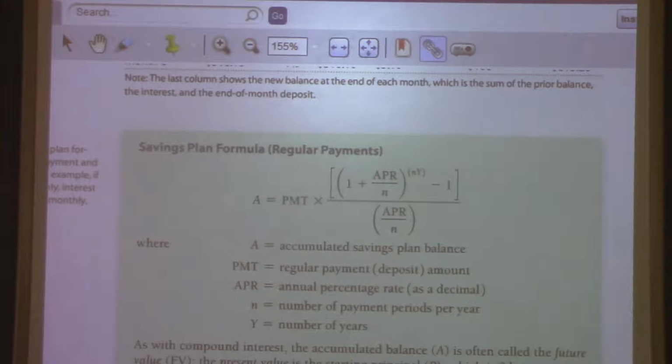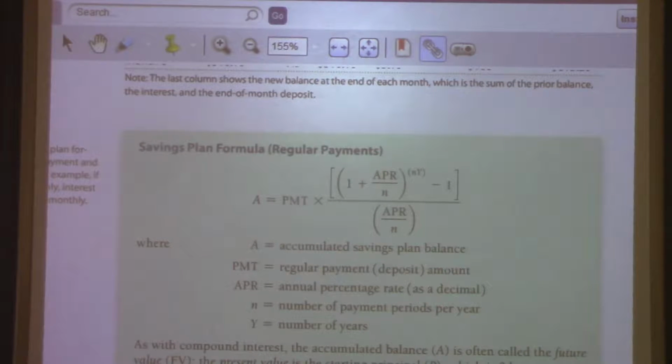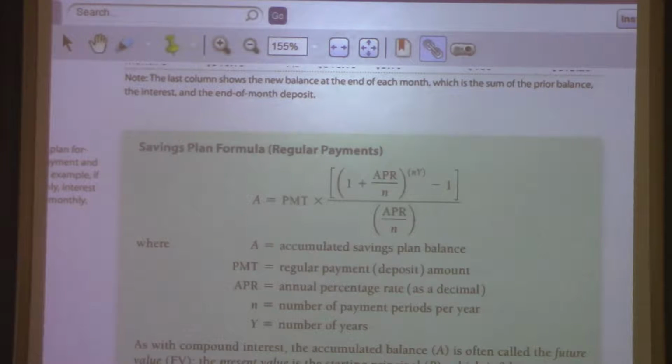A is equal to your outcome, PMT is your payment, and the percentage rate is the percentage rate. Now, I would put R, (1 plus R over N) to the NT power. And I'm going to change that to R, because you're not going to see it as APR in a lot of maths, you're going to see it as R. Now in the real world, it's called APR, I will say that.